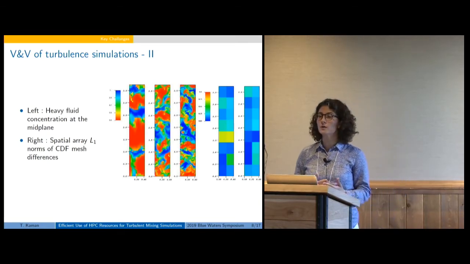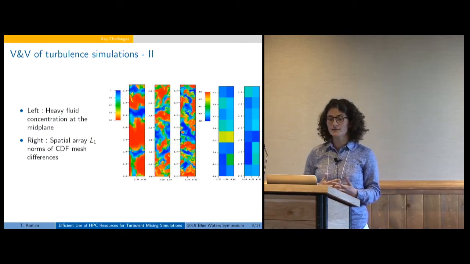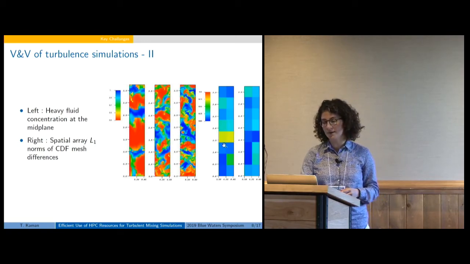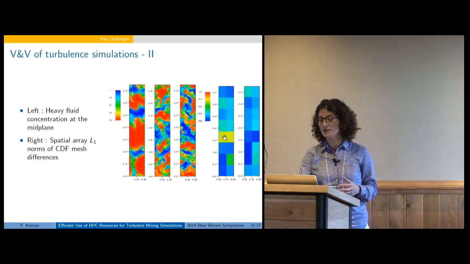We look at the probability distribution functions, and we look at the spatial array L1 norms of these cumulative distribution functions, mesh differences. These yellow boxes, which are the supercells, show that there is a big difference going from coarse to medium, which we can also see by eye.